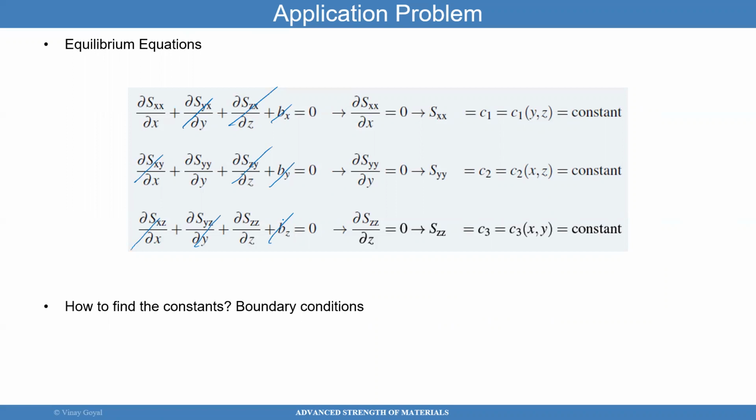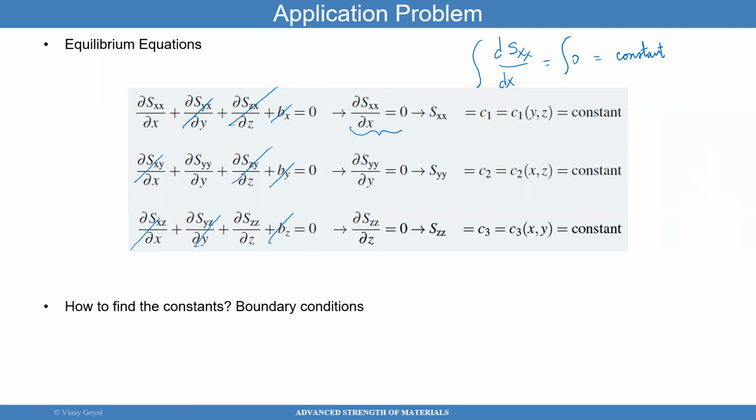What do you get from the first equation? I get this, which means that SXX is a constant if I integrate by x. For example, I have the partial of SXX with respect to x equals 0. I can integrate that, and that gives me a constant.